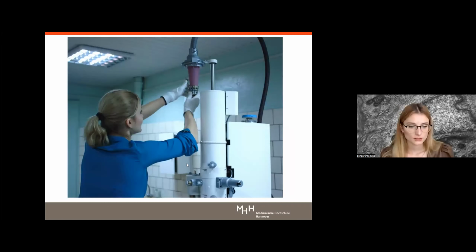So on this slide, I just illustrate how we can change the cathode. We just open the column and lift the electron gun, and here we can find this cathode and replace it.